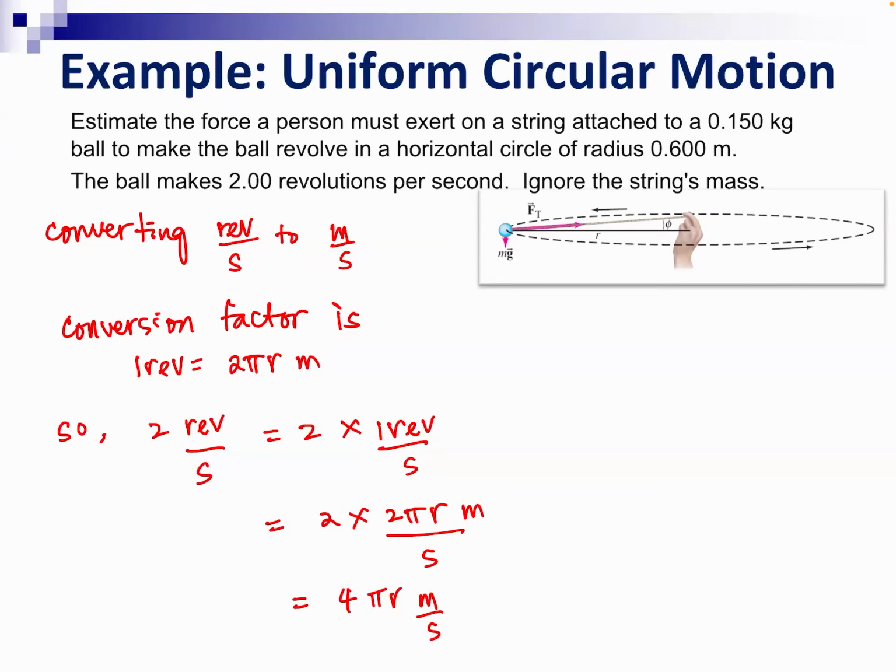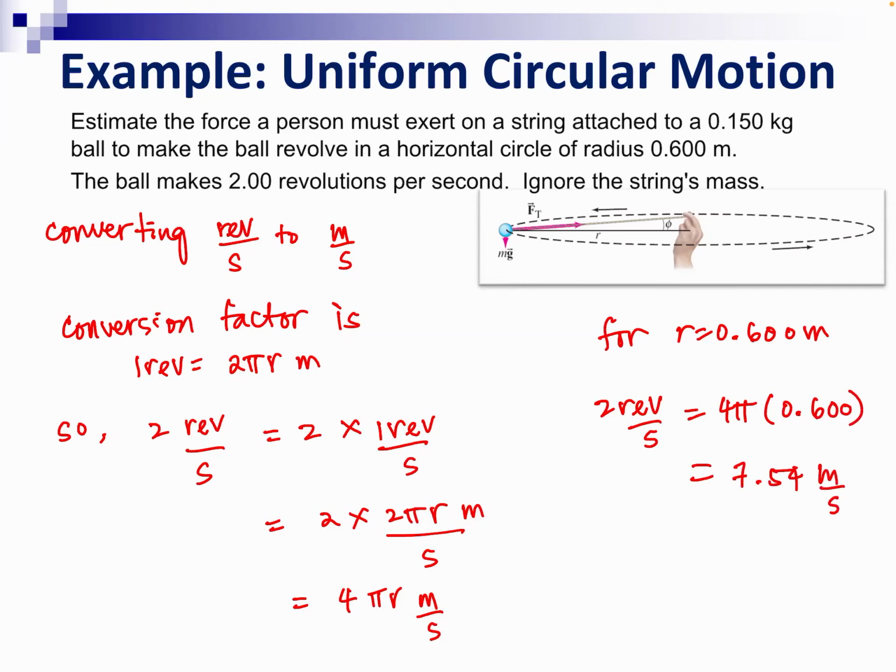For our specific problem, with r equal to 0.6 meters, 2 revolutions per second is equal to 4 pi times 0.6, which also gives you the 7.54 meters per second.